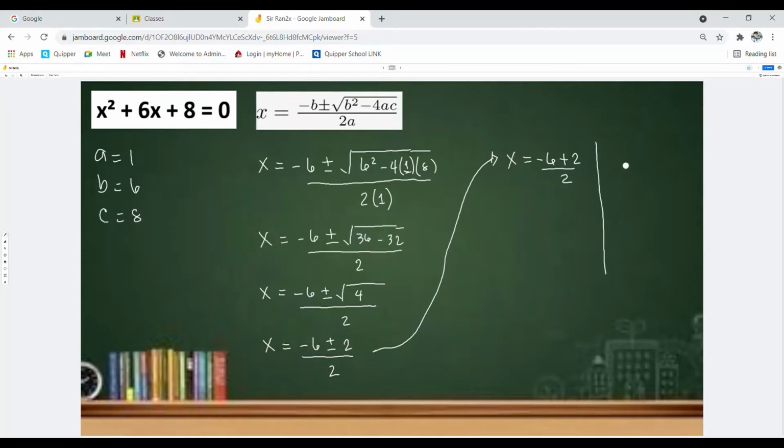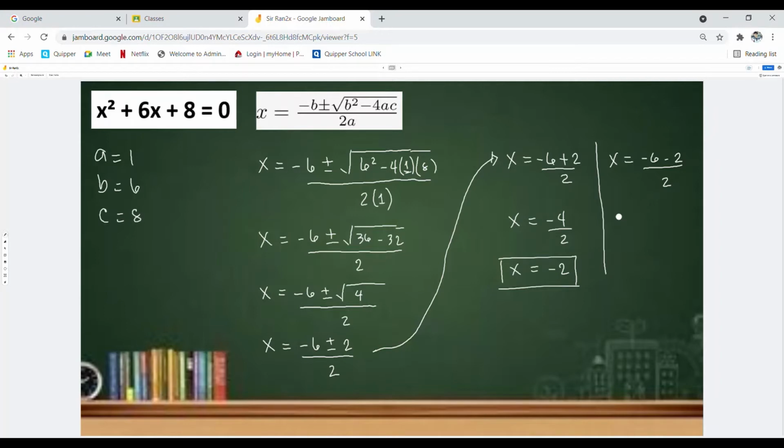And then the other x is equal to negative 6, and then take the negative 2, so minus 2 over 2. So then simplify the numerator. Negative 6 plus 2 is negative 4 over 2, and simplify it, that's negative 2. Okay, negative 4 over 2 is negative 2.